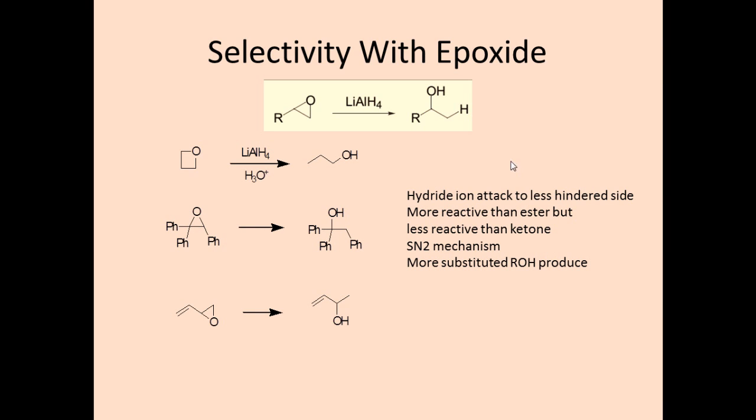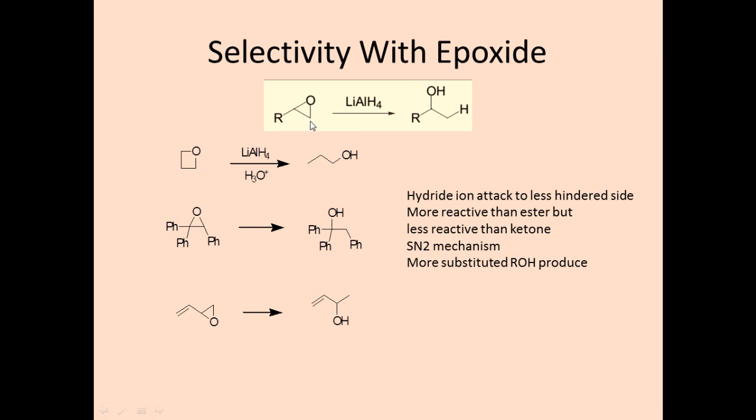So next is the epoxide. Epoxide selectivity is important in lithium aluminum hydride reduction. It can reduce the epoxide. The hydride attacks the less hindered, less sterically crowded site. The hydride can attack this carbon, so it produces the more substituted alcohol. So the less hindered site is here.